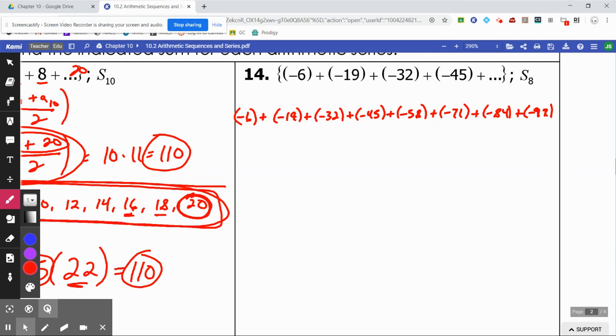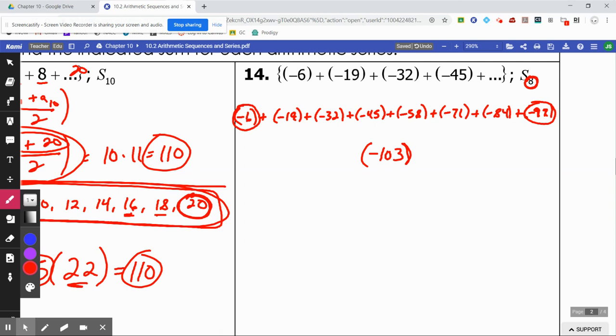As long as it's arithmetic, again, we're going to group our first term and our last term and see what the sum is. If I add negative 6 and negative 97, I get negative 103. So what I now know is I've got groups that are going to add up to that. Well, how many groups are there? There are 8 terms, because I'm trying to find the sum of the first 8.